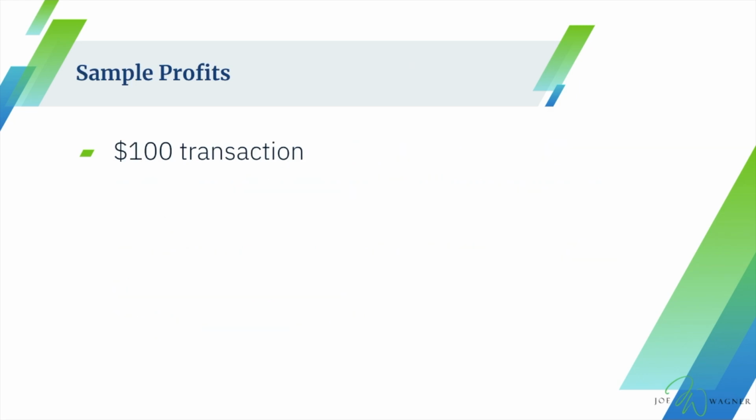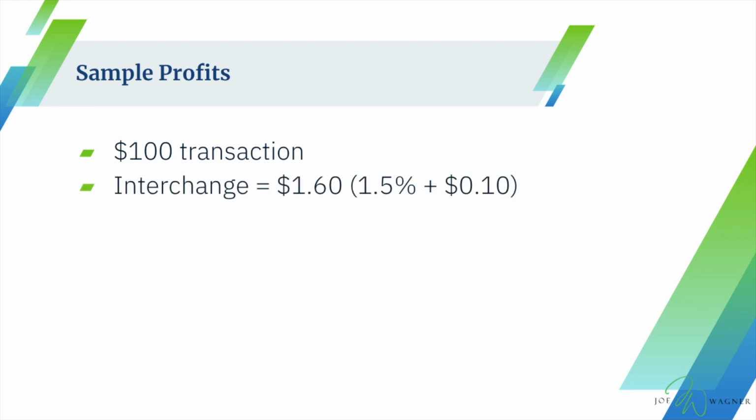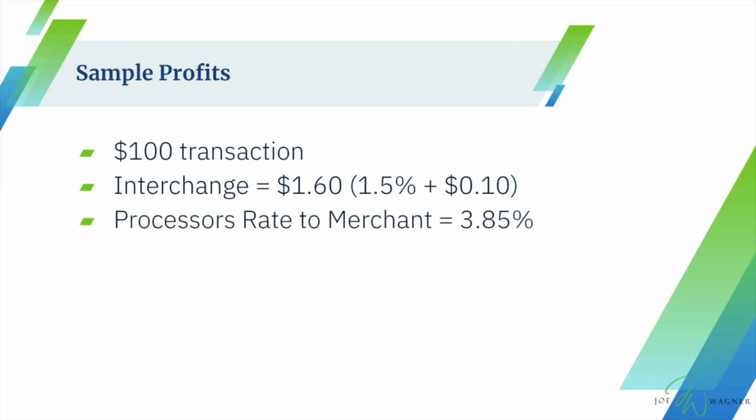Let me give you an example with an actual dollar amount associated with it, okay? So let's say at the store you do a $100 transaction. So let's assume it's the same type of card and it was ran the same way as the last example I gave, right? So $1.60 is the interchange on a $100 transaction. We're collecting 3.85%. 3.85% on $100, we're making $3.85. That is what we collected.